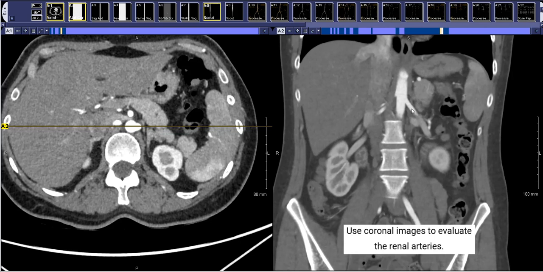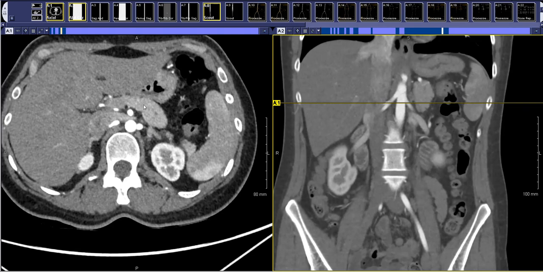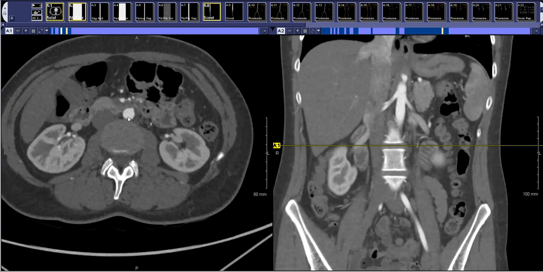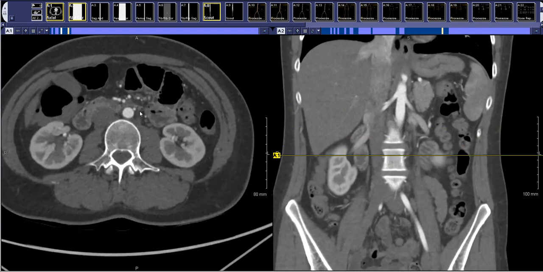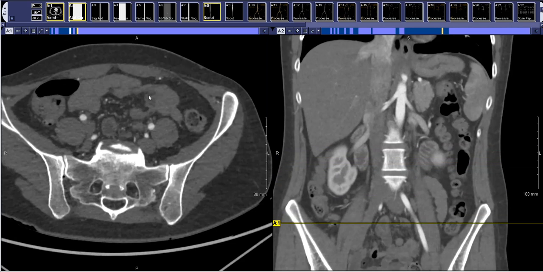But you can get the best view of the renal artery ostia oftentimes on an axial or a coronal image. As we continue going inferiorly, you can see the origin of the inferior mesenteric artery, which in this case is widely patent. Most of the time these studies are ordered, though, for claudication symptoms or lower extremity trauma. So what the surgeons really want to know about is the lower extremity vasculature.